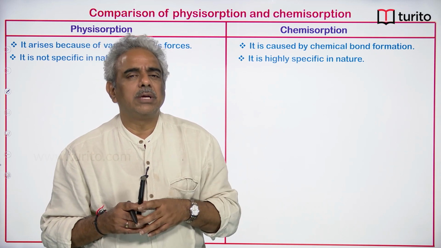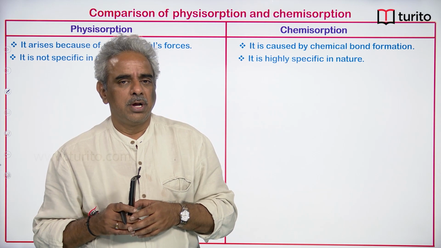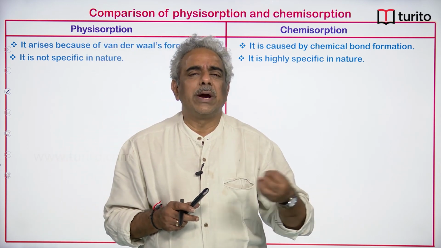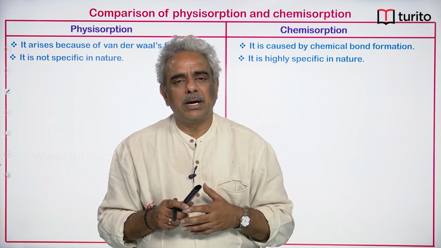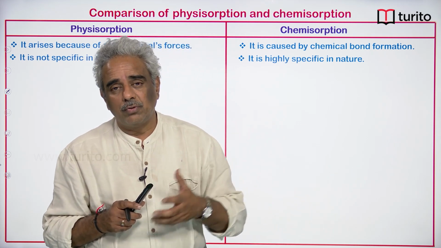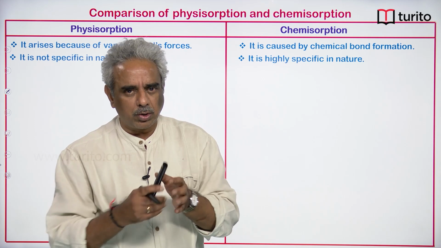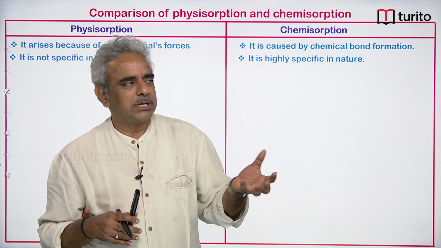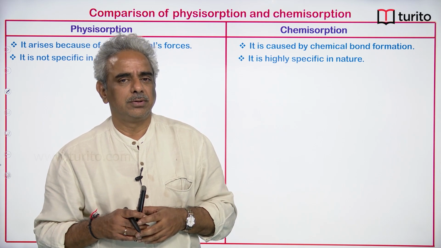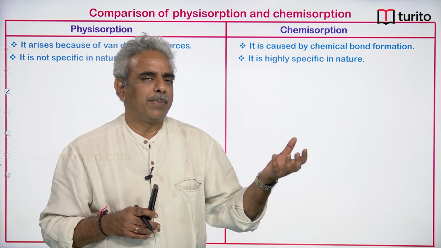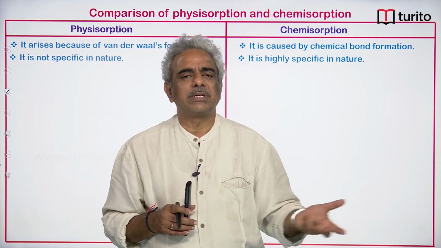Why? Because it is van der Waals force of attraction. Van der Waals force of attraction is quite general. So, any particles can get attracted by any particles through van der Waals force. So, the surface is receiving the particles through van der Waals forces. The particles can be anything, the surface can be anything.